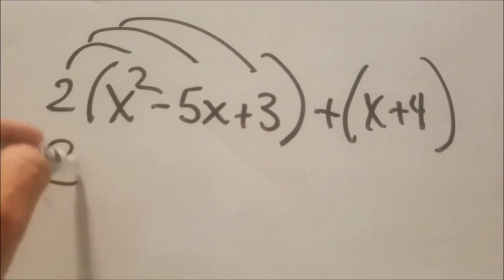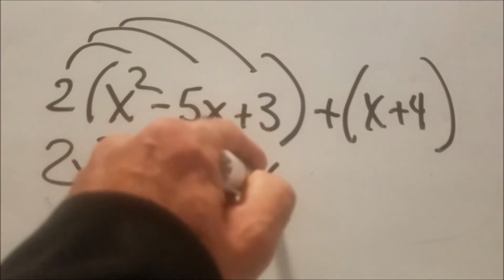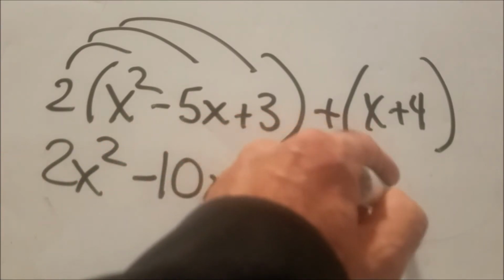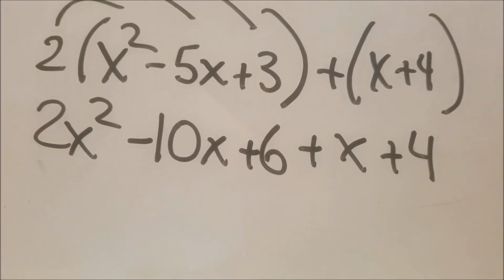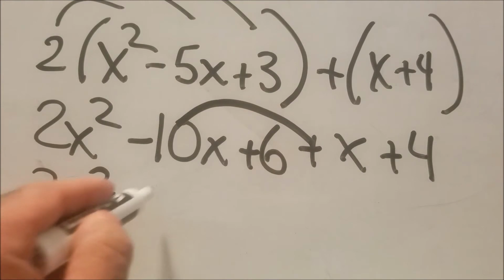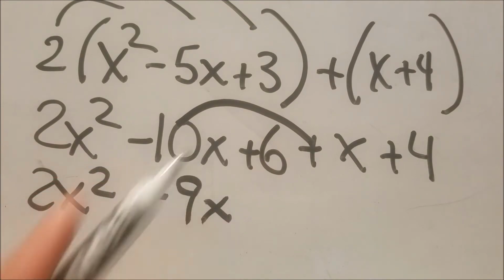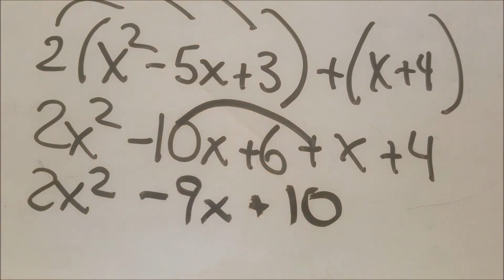So we're going to have 2x squared minus 10x plus 6. Then we have plus x plus 4, right? So there's no other 2x squared, so we're just going to keep it 2x squared. There's no other 2x squareds to combine. A negative 10x plus an x, we know, is negative 9x now. And 6 plus 4 is 10. So here we go.